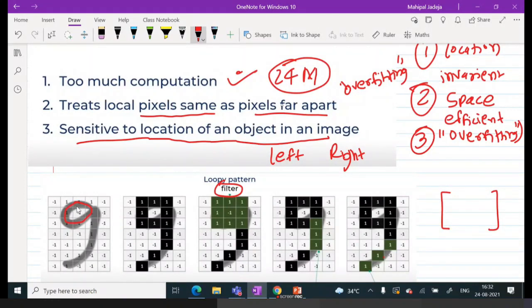if some portion of the pixel is black, and I will put -1 if the pixel is entirely white. So for a circular pattern, the matrix will look like this. All of this will be plus, and inside we put -1 to differentiate.